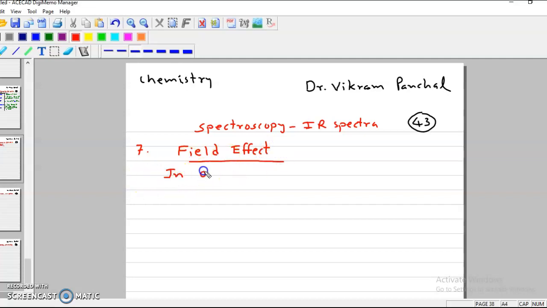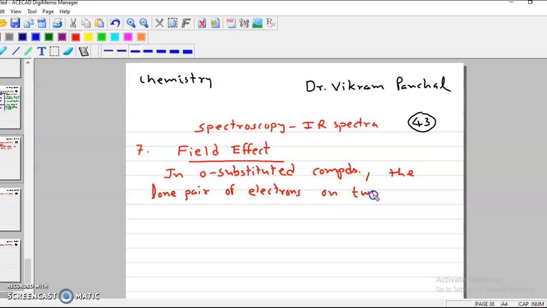In case of ortho-disubstituted or ortho-substituted compounds, the lone pairs of electrons on two atoms influence each other.